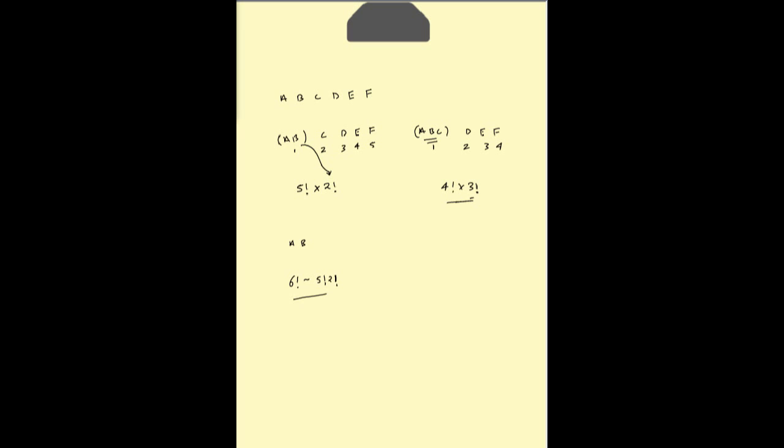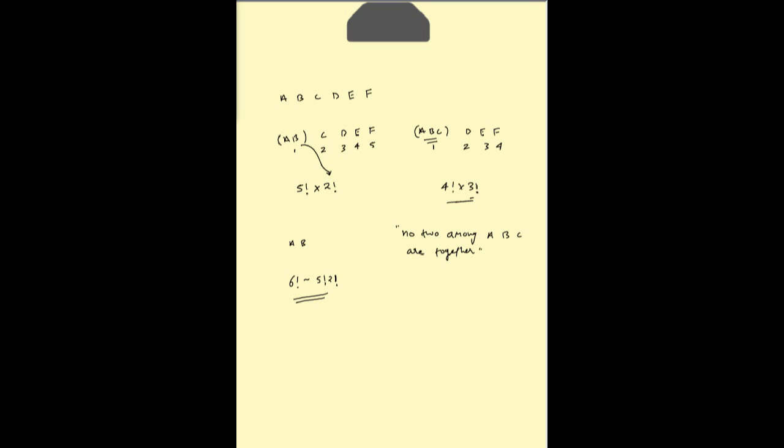But this method will not be easily applied if I say no 2 among A, B, C are together. Let us see how to solve this question with some other method.